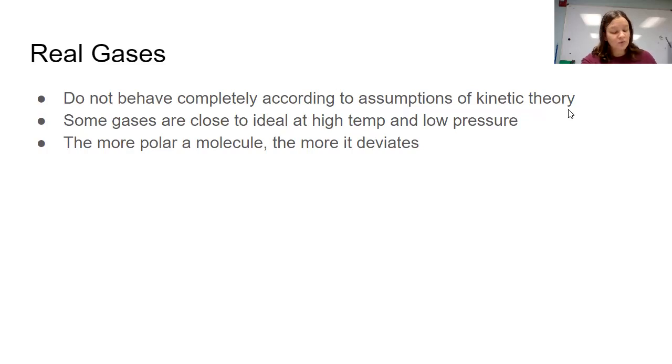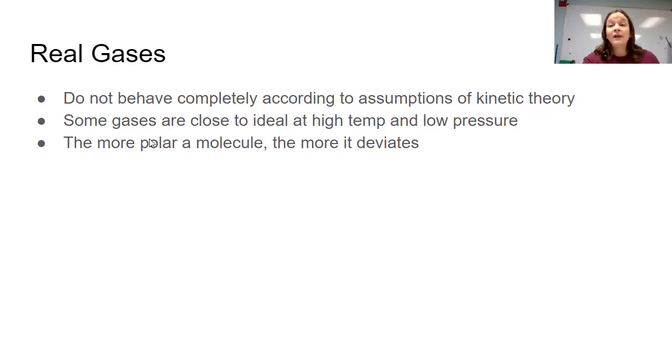So at high temperature and low pressure, they tend to behave very close to an ideal gas. The more polar the molecules, and now I'm bringing back this idea of polarity, the more they are going to deviate from ideal behavior, and deviate more from the kinetic molecular theory.